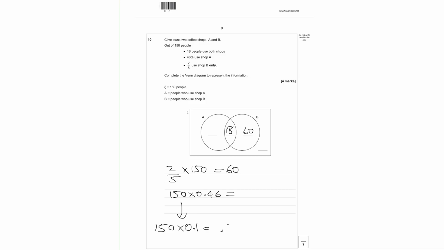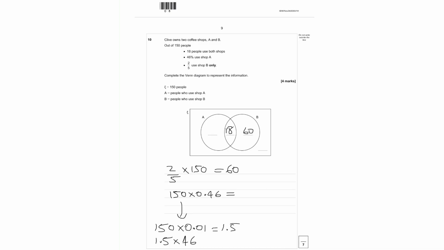We want to work out 150 times 0.01, which is equal to 1.5, and then we do 1.5 times 46.